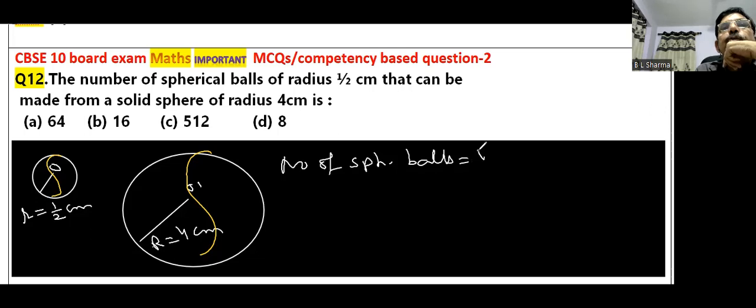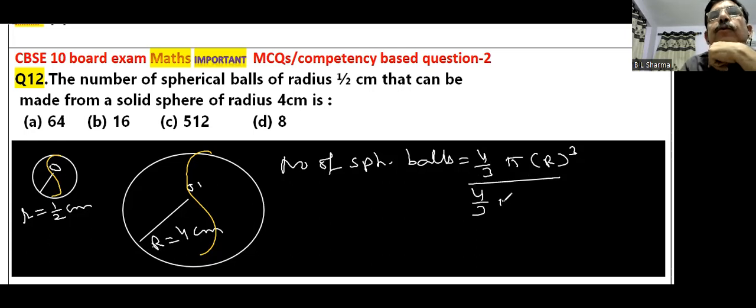is equal to volume of the bigger means 4 by 3 pi r cube upon 4 upon 3 pi r cube.